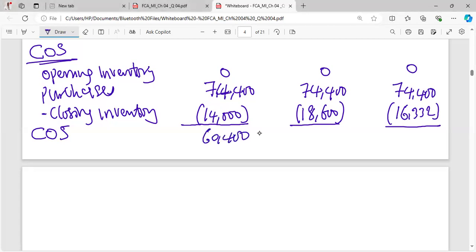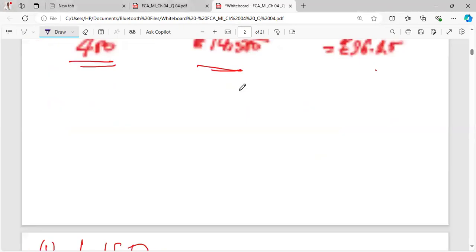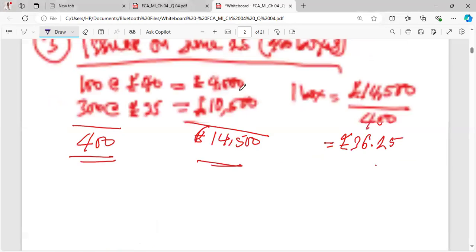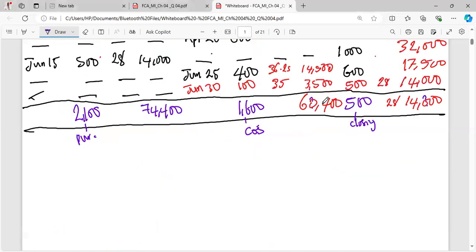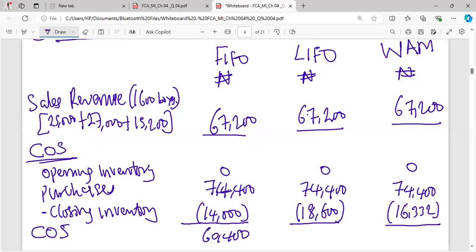Let's verify if that was what we got in FIFO. 60,400. Come again and do for LIFO.